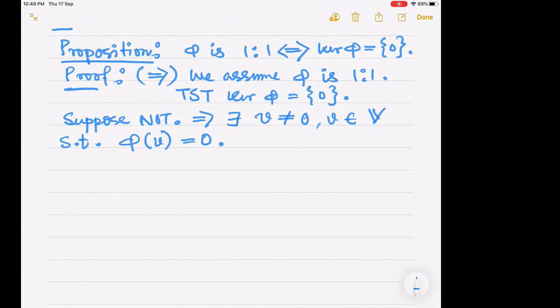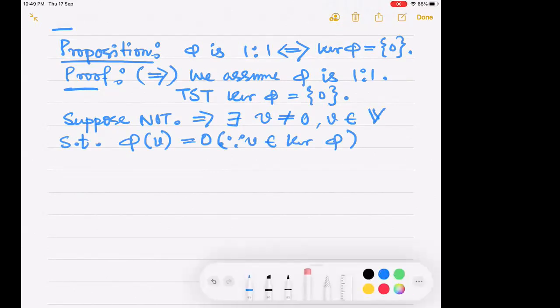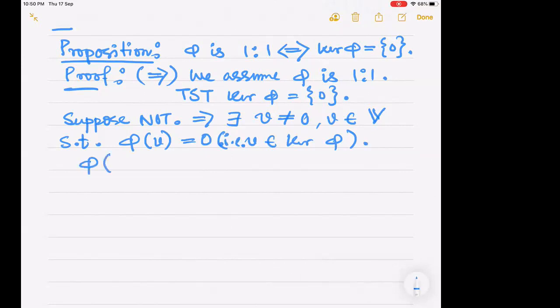So because it's in the kernel, phi v must be equal to 0. Understand, no? So there exists v, that is, v is in the kernel of phi. But notice that because it's a linear map, phi of 0 must always be equal to 0.